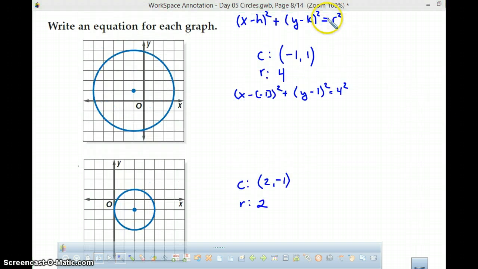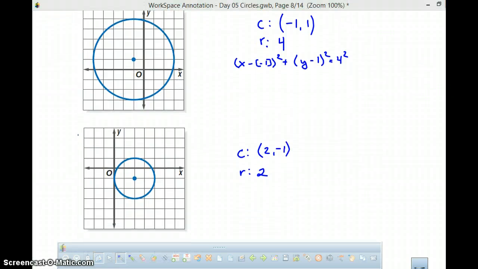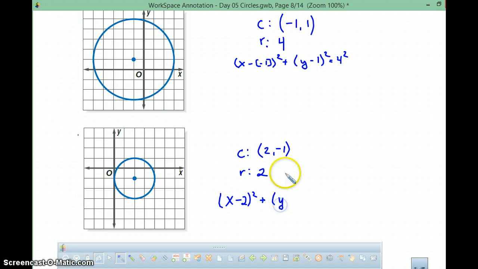Plug it into this generalized standard equation for a circle. We get x minus, what's the h? x minus 2 squared plus y minus negative 1 squared equals 2 squared, which is 4.